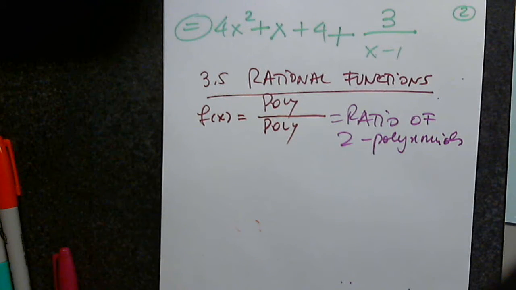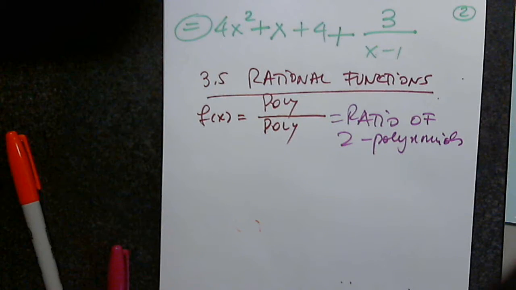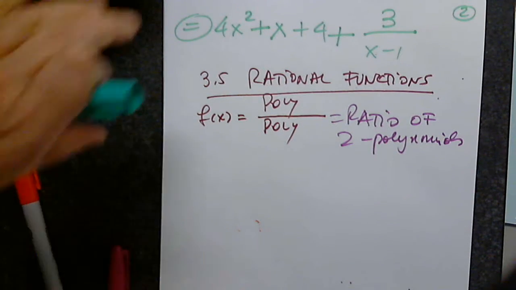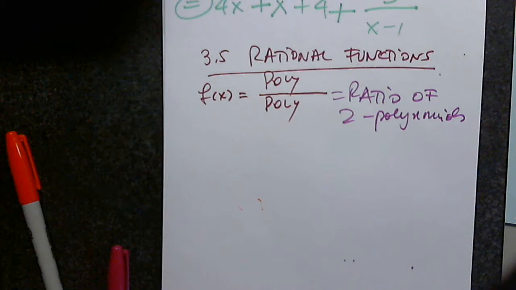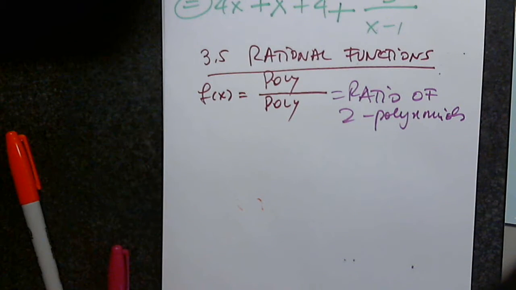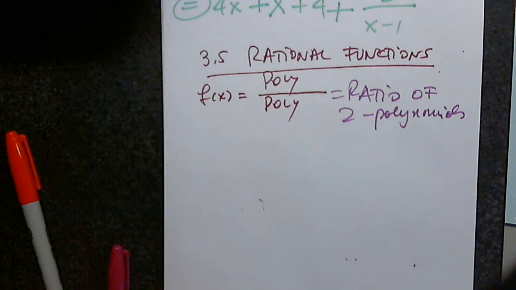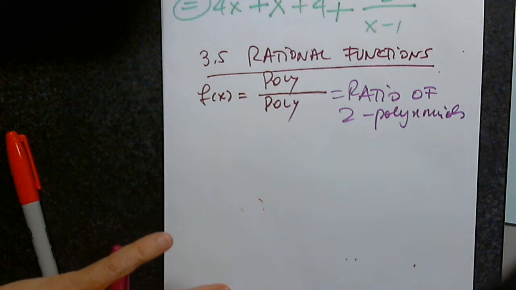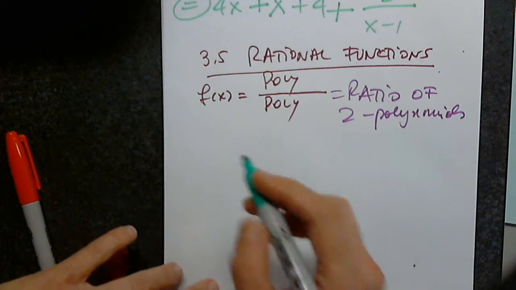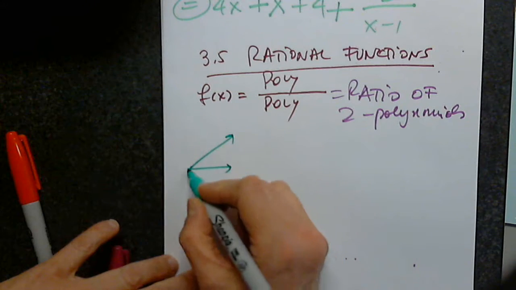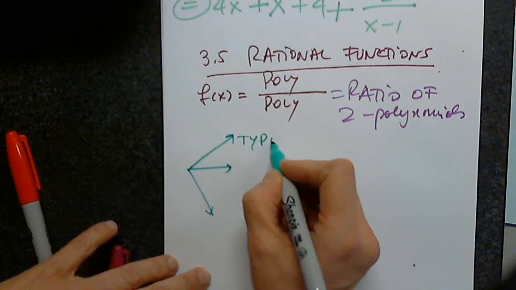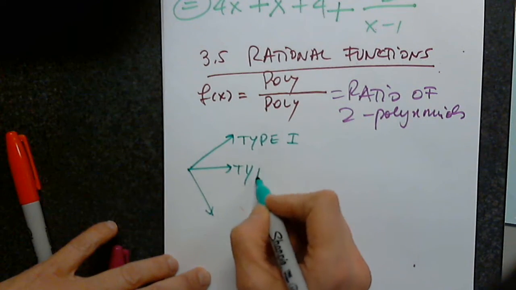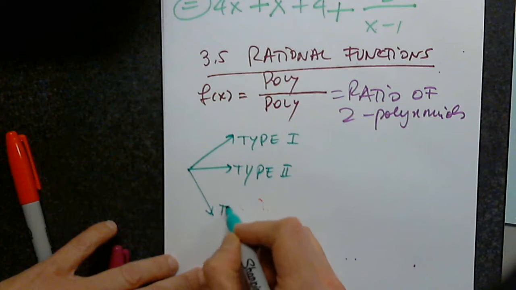We will look at three different situations. Only three different situations. I am going to call them, the book does not call them that way, but it's easier. We can change their names, but I need to call them somehow. So there are three different types: type 1, type 2, and type 3.